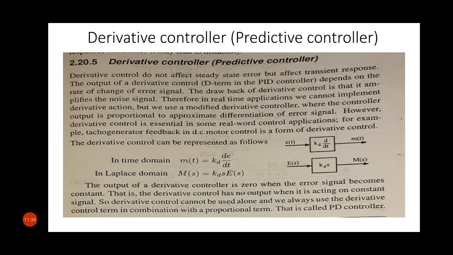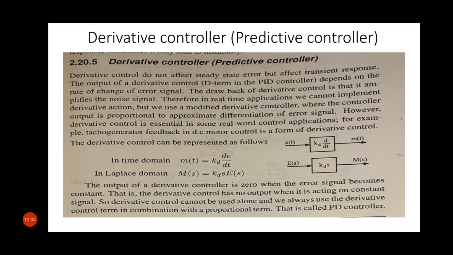The drawback of derivative control is that it amplifies the noise signal. Therefore, in real-time applications, we cannot implement pure derivative action, but we use a modified derivative controller where the controller output is proportional to an approximate differentiation of the error signal.